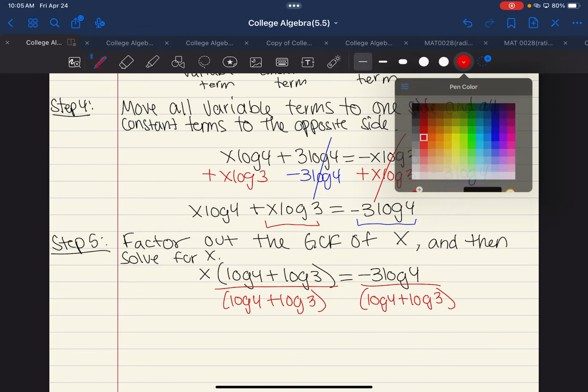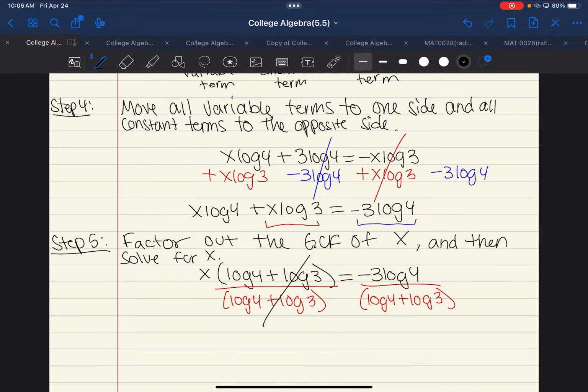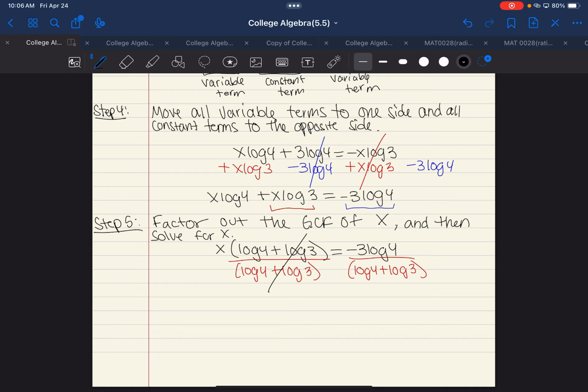So this will leave me with x is equal to negative 3 log of 4 divided by log of 4 plus log of 3. And that would be the exact answer.